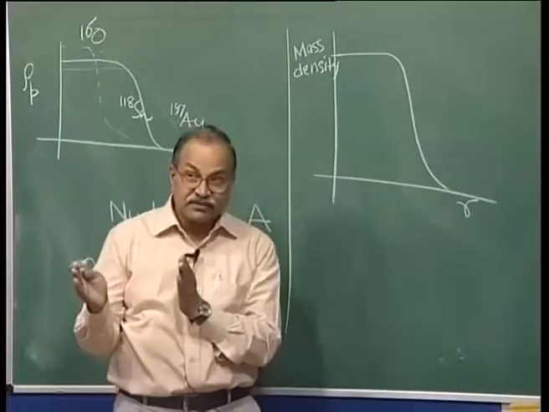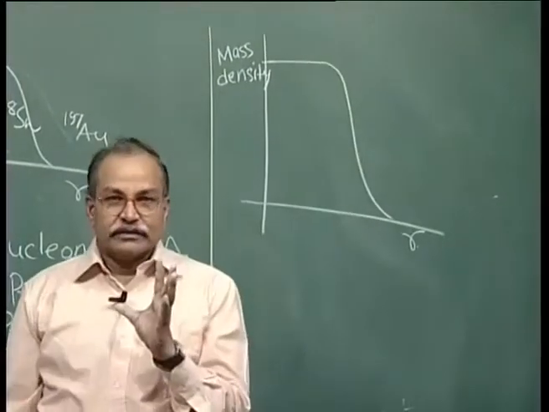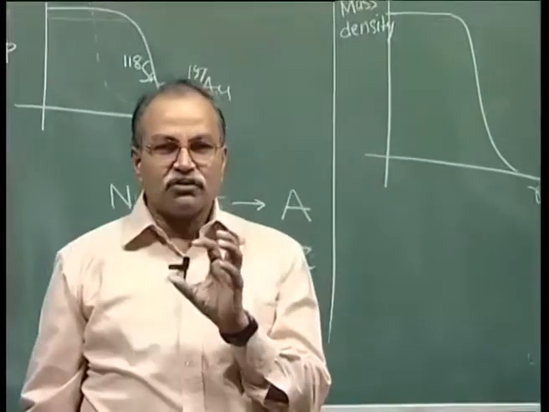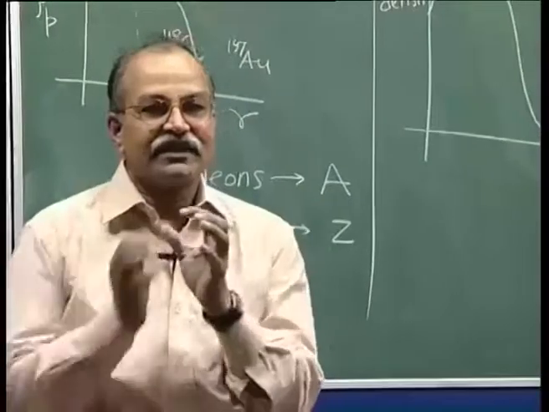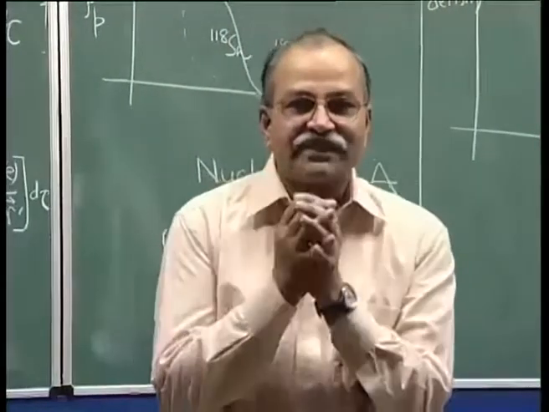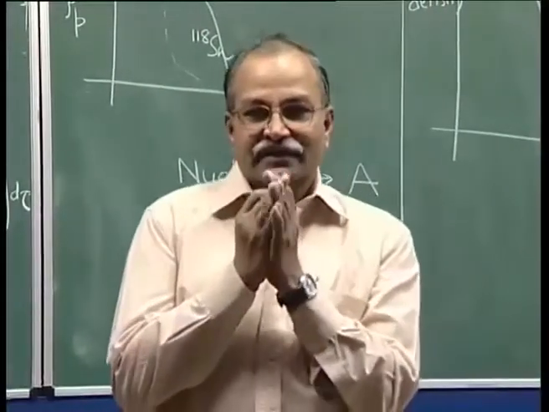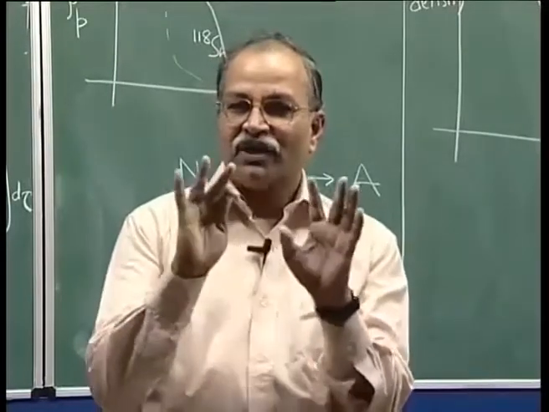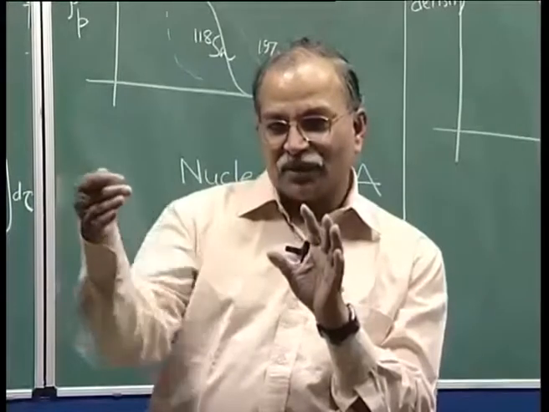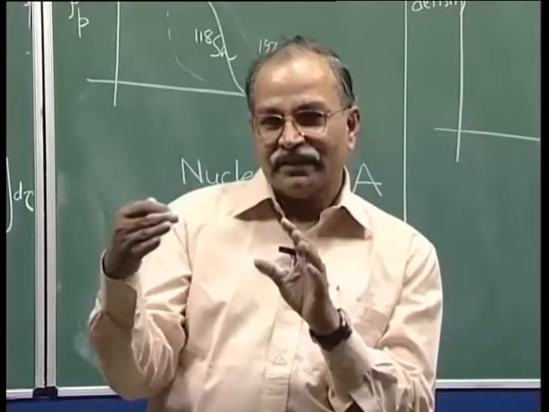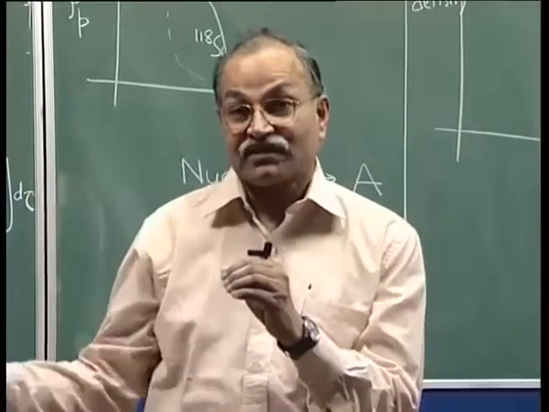the distance from the center. So, that means it is not that protons and neutrons are attracted towards the center and therefore, at the center they are more dense. It is not like that. The density is almost uniform and it goes up to a little bit closer to the surface, and then this density gradually decreases.